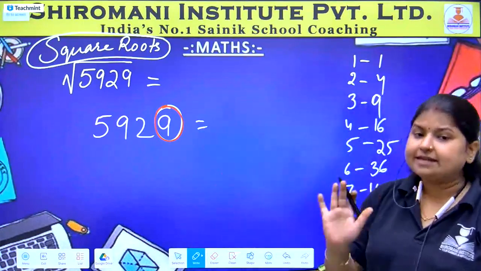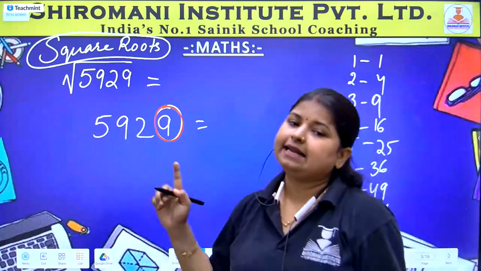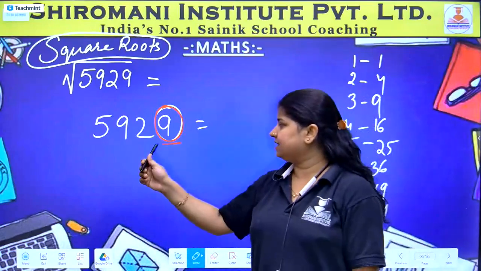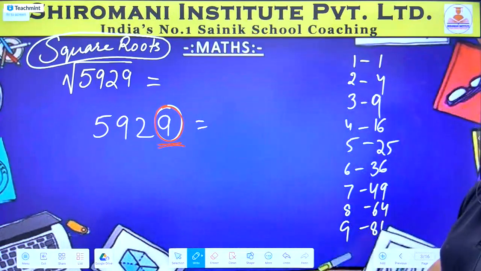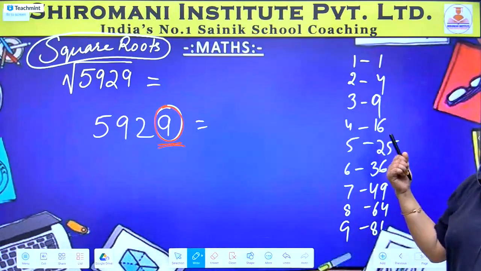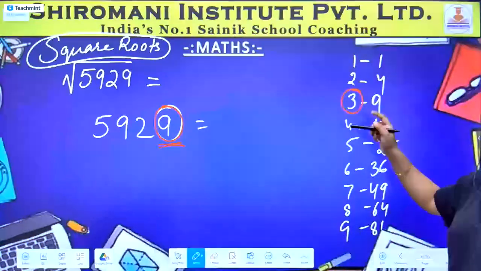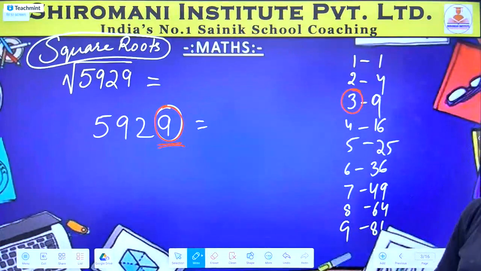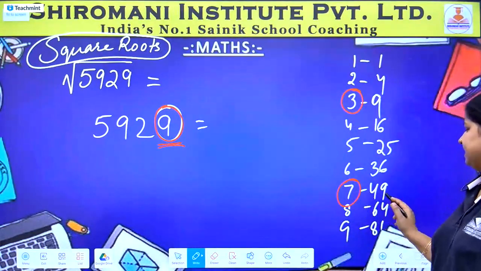See, so first step, in order to find the square root, see the last digit. The last digit is 9, right? Now, check the square of which number has 9 at the last. So I can see 3 has 9 at the last, and 7 has 9 at the last, 49.